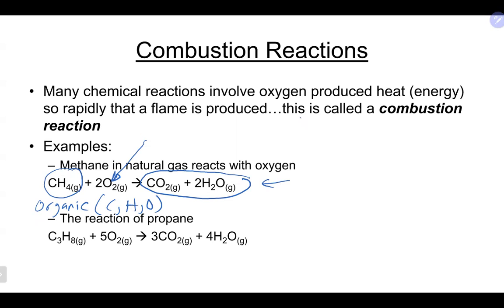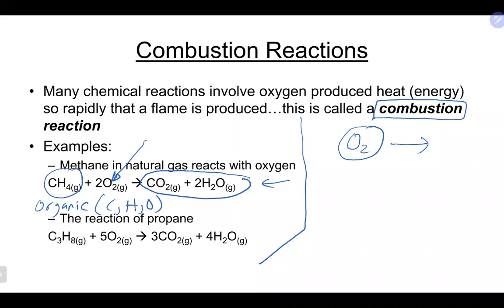I will say that there is, frankly, a basic general definition of combustion, which is very, very general. And it pretty much says, if you have a reaction and you've got O2 on the left-hand side, it's a combustion reaction. So anything with O2 on the left-hand side by itself is a combustion reaction, which means the one that we saw earlier, for example, the magnesium plus the O2 that made the MgO.